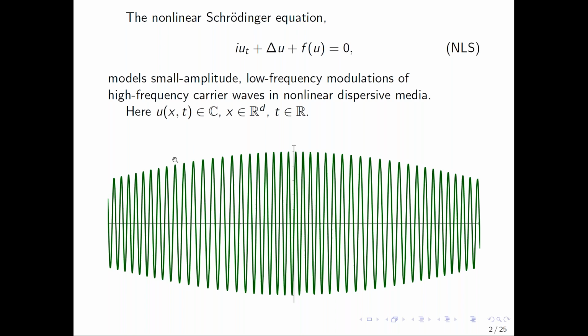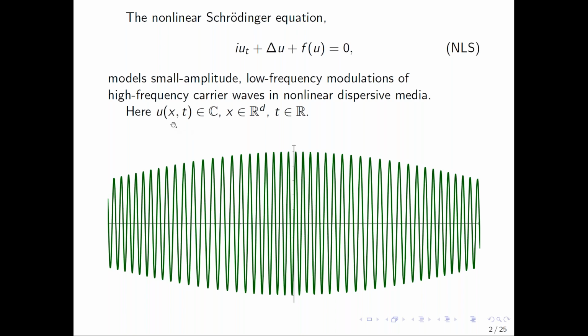You'll see the sinusoidal wave has its amplitude modulated, and also its frequency will be modulated. That's not quite so obvious in this picture, but if you look at the frequency of this green wave, you see that it gets larger and smaller again as you move along the x-axis. This is not a graph of u, the solution of the nonlinear Schrodinger equation, but you can see what u is doing by realizing that u is a complex valued function whose modulus represents the amplitude modulations of the underlying wave, and whose phase represents frequency modulations.